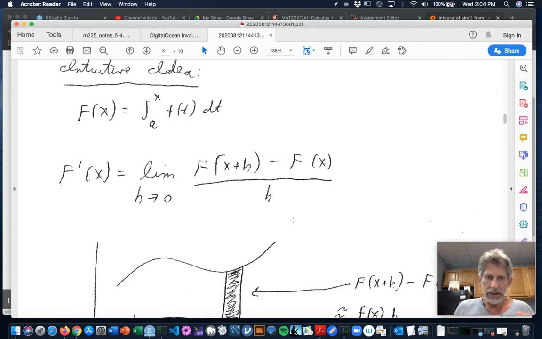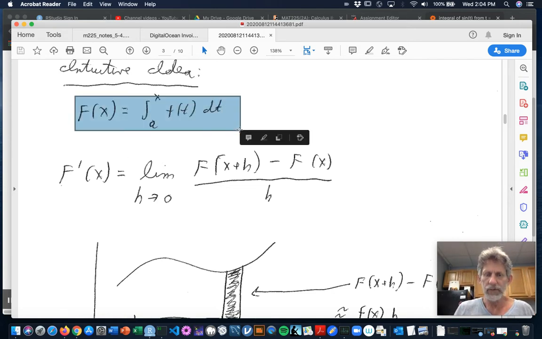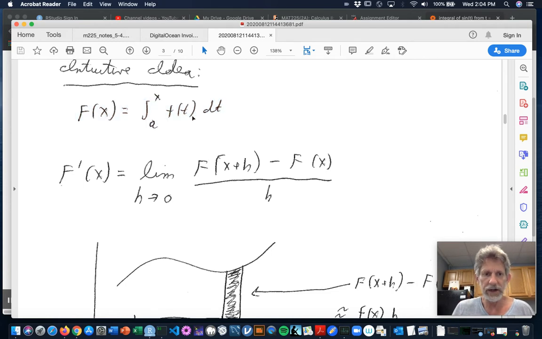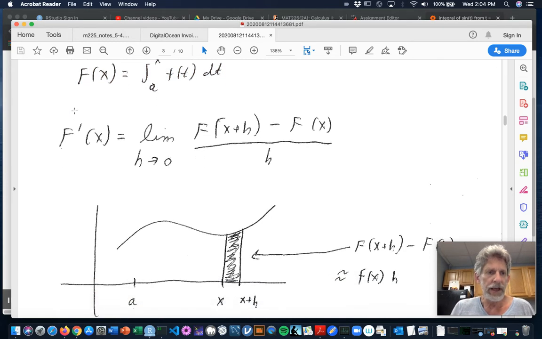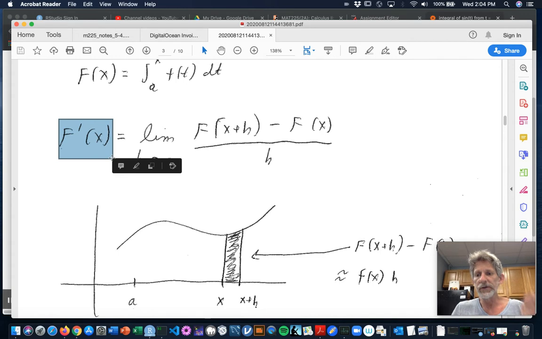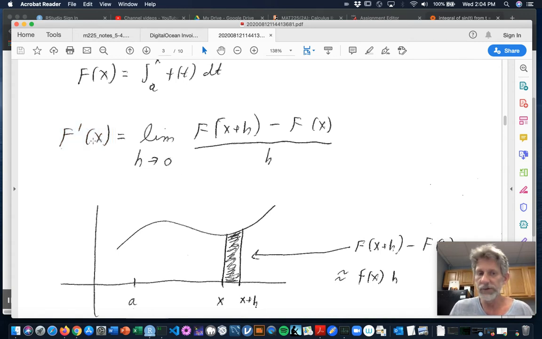Another way of thinking about the second fundamental theorem of calculus is in terms of accumulation of area. So let's think about capital F of x as that signed area where the x can vary. And let's imagine ourselves thinking about its derivative using the definition of derivative.